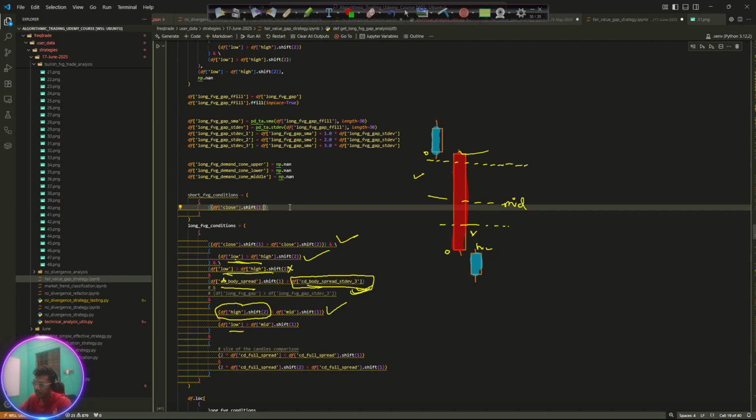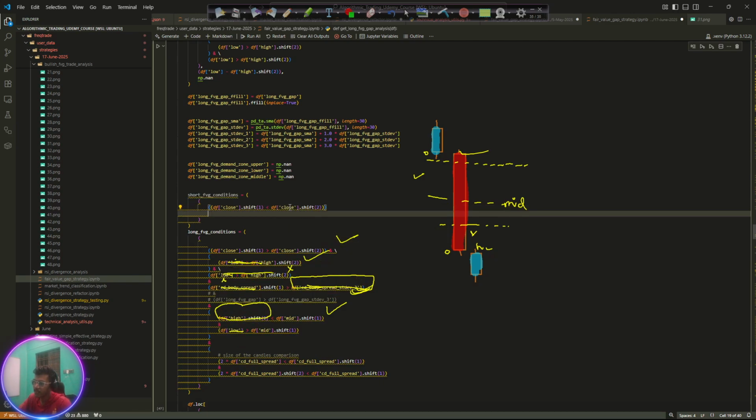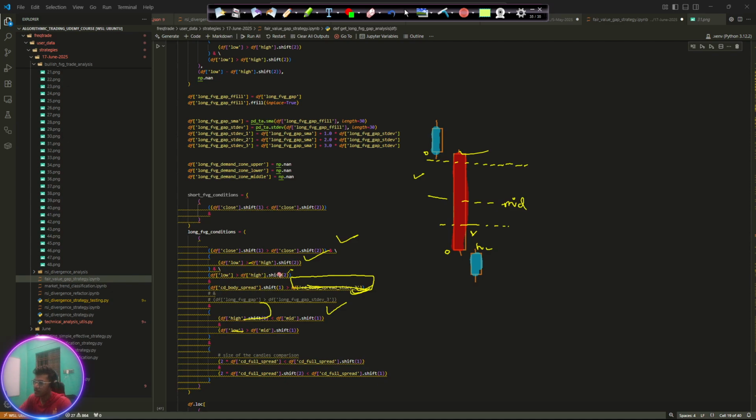Let me run it. So close shift one should be less than close shift two, right? Let me get rid of this, so we can see that one there.